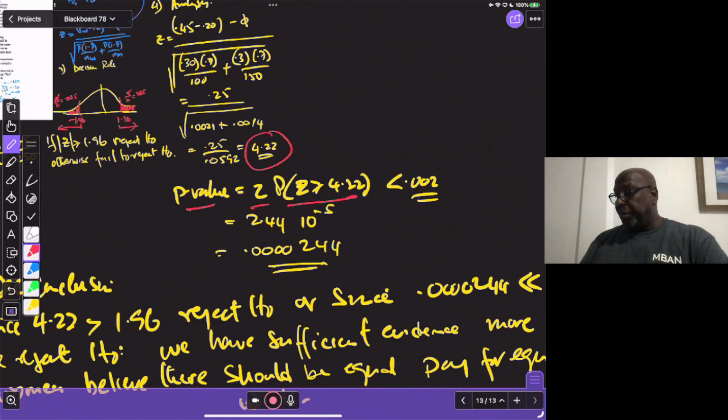Okay? First thing. If we use Excel, the formula is norm.s. I believe it was inverse, and then you give it a z value and you say cumulative value is true. So what you have to do is 1 minus that.